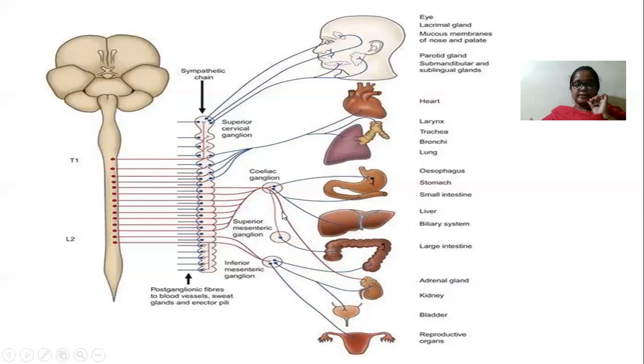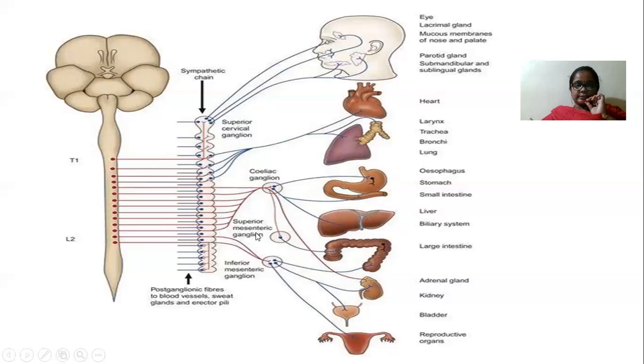The postganglionic neurons are then distributed to some organs: the esophagus, stomach, small intestine, liver, part of the large intestine, the ascending colon, and some part of the adrenal gland also.